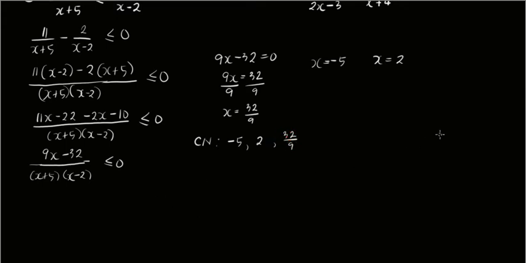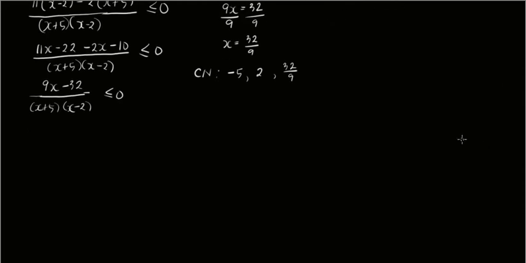Ito ang tawag nila dito fishbowl method. Alamin natin asan yung boundaries ng solution na magiging tama dito sa rational inequality natin.